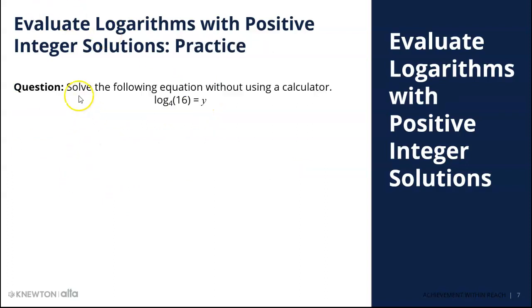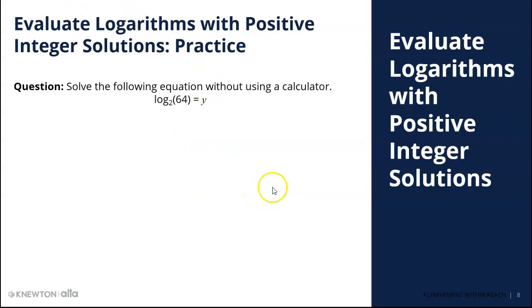So let's practice here. Solve the following without using a calculator: log of 16 base 4. To solve this, you just ask yourself, to which power must 4 be raised to get 16? We know that 4 squared is equal to 16. So therefore, log of 16 base 4 is equal to 2.